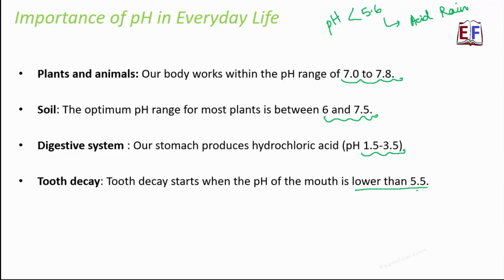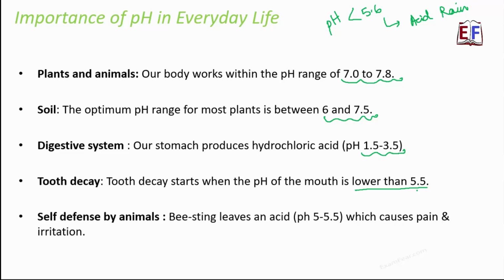Now when there is too much acid being produced inside your mouth, the pH is less. So it's like a round robin thing. Bacteria will act on the leftover food, it will produce acids, pH will be less, and as a result your teeth will start decaying. So you need to clean your teeth regularly and properly so that there is no leftover food inside your mouth.